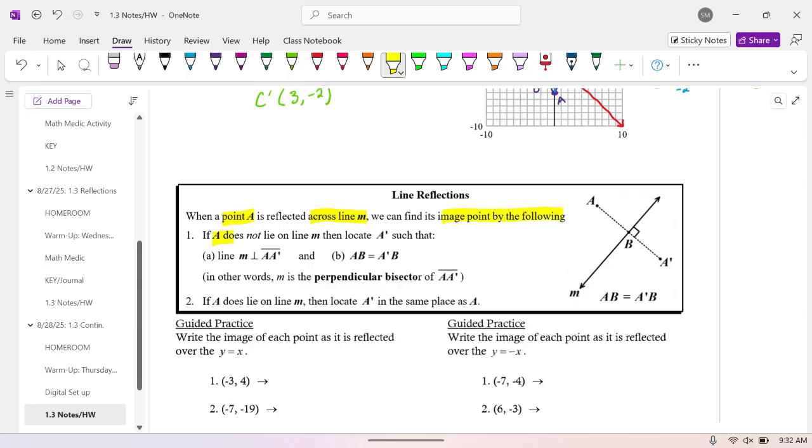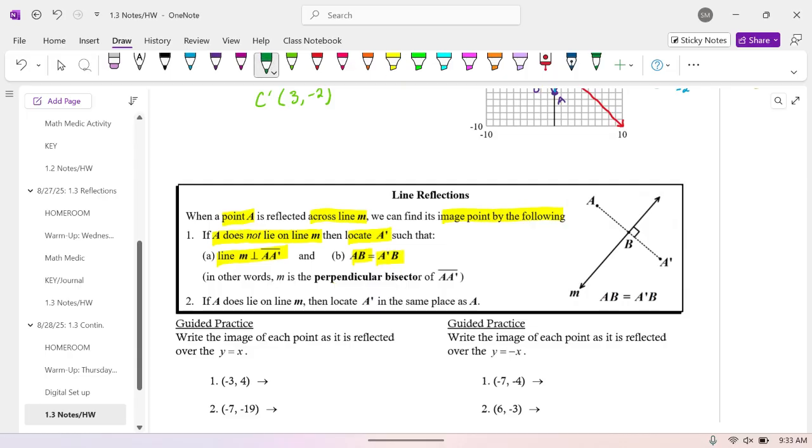First off, A does not lie on the line M. Then to locate A prime, we have to note that line M should be perpendicular from A to A prime. And the distance from A to B is the same as from A prime to B.